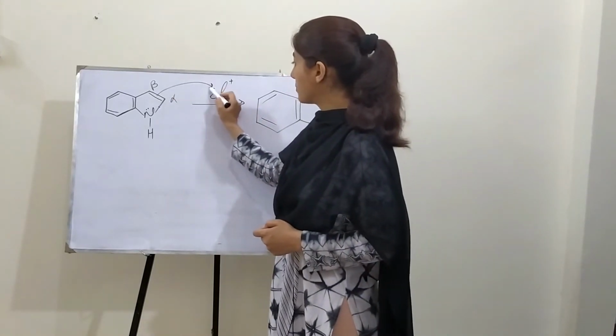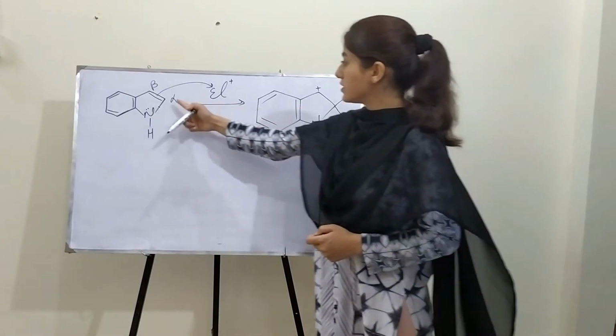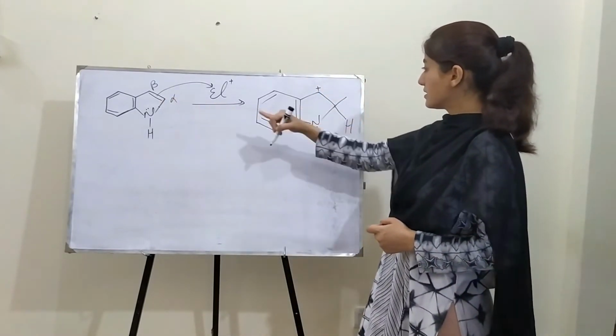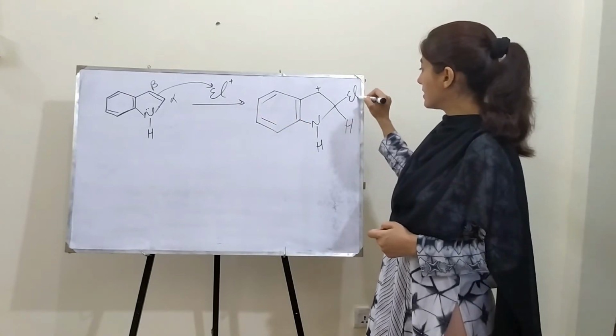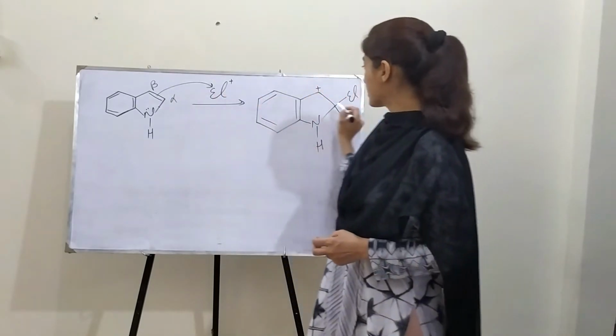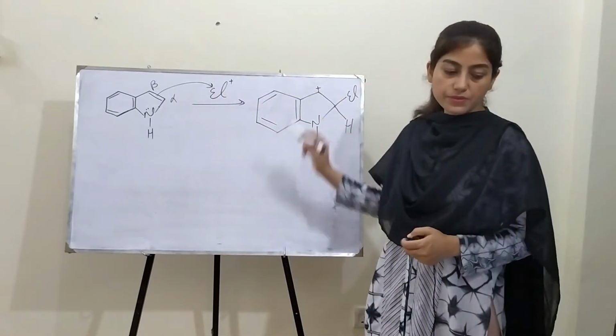This bond pair will be shifted to the electrophile, as there is already 1 hydrogen present over here. This hydrogen that is already present and this electrophile, and as this bond pair has been shifted to the electrophile, then there would be a positive charge on this carbon.